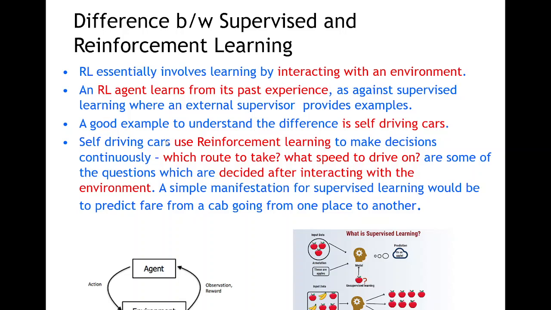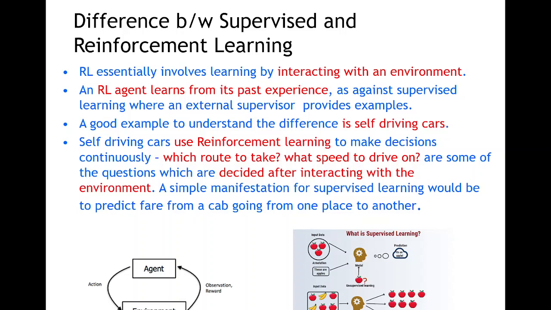I can give you a very good example of this, and the very latest example is the self-driving car. In the self-driving car, which is a very prominent case of reinforcement learning, the car has to make some decisions while it is on the road. The decisions it has to make are which route to take and what speed the car should run at. These are some major questions that the self-driving car has to handle.